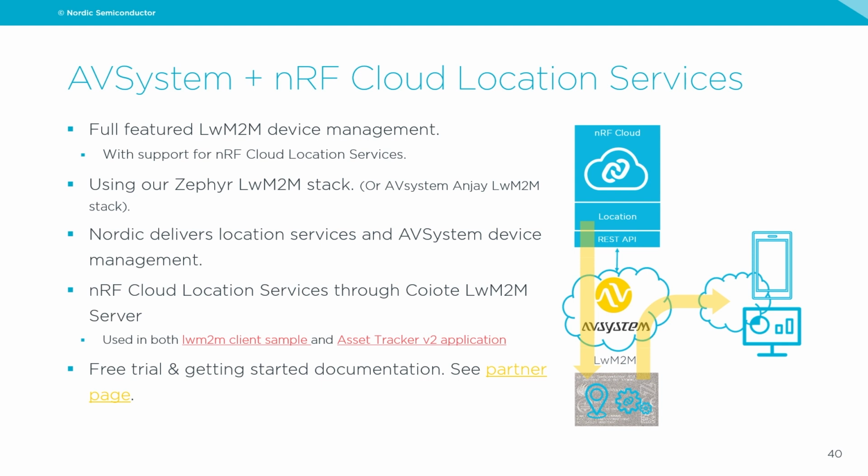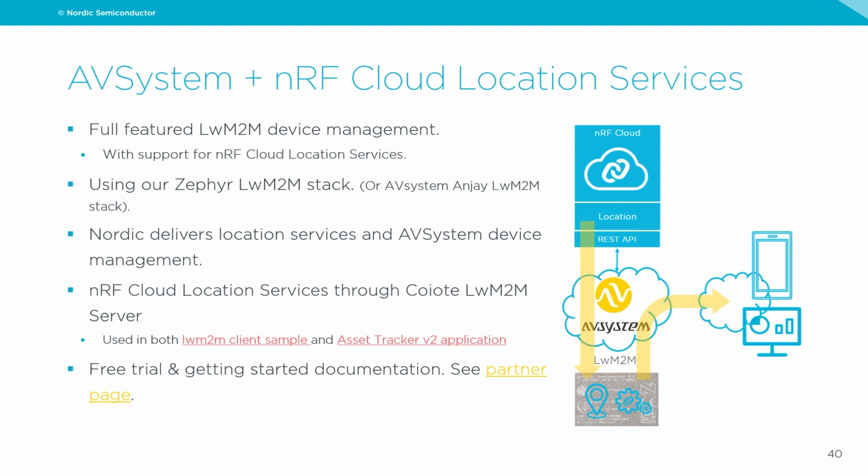So basically what happens there is Nordic delivers the location services and AVSystem delivers the device management. And here you have the nRF Cloud location services through the Coiote lightweight machine-to-machine server. And this is used both in the lightweight machine-to-machine client sample and the asset tracker v2 application.